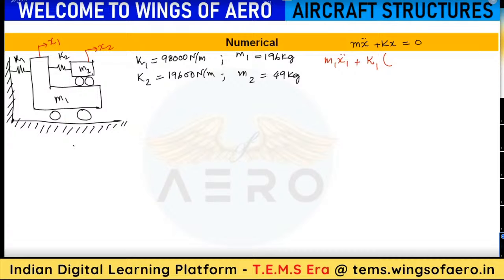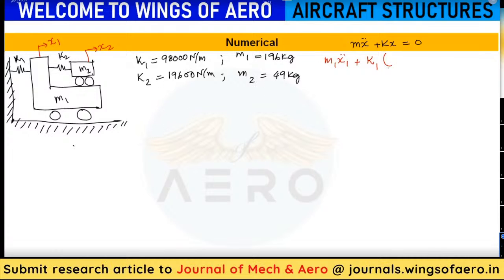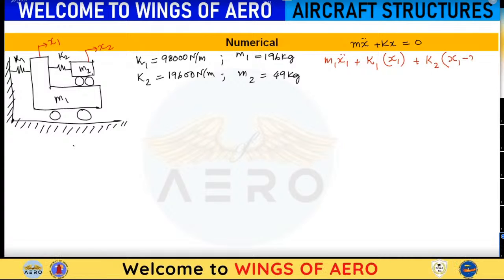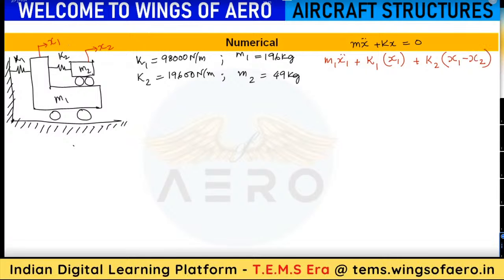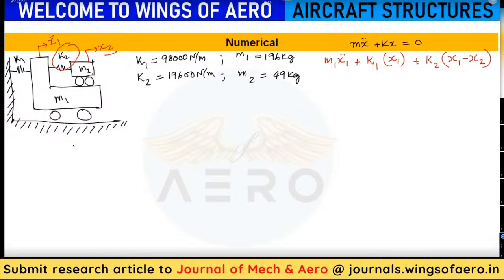When writing for k1, k1 is isolated with x1 alone, so we will write only x1. But while writing for k2, we'll write x1 minus x2, because k2 is a spring that is shared by both x2 and x1. When we are finding for mass 1, we give preference to the x1 displacement minus the other one.